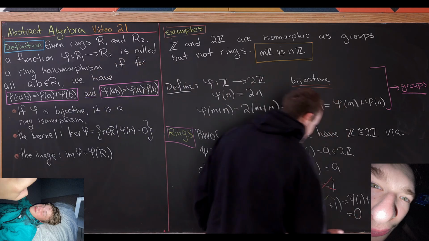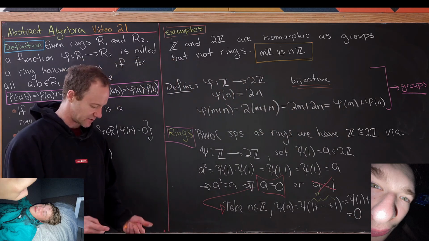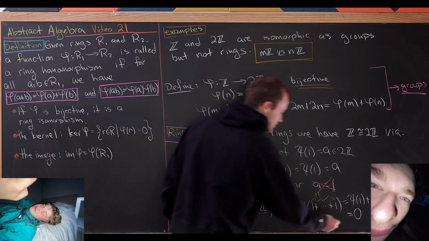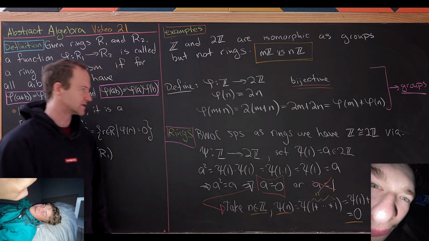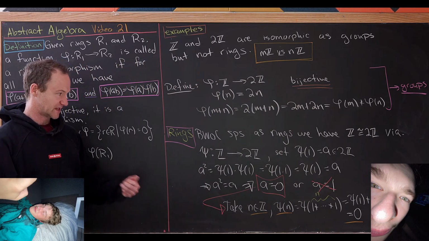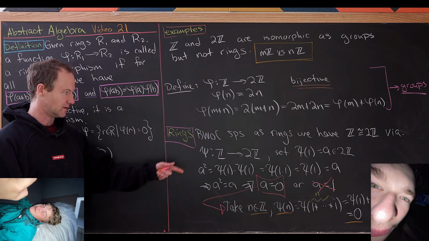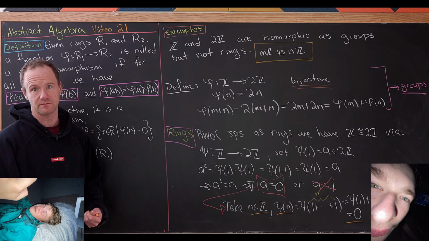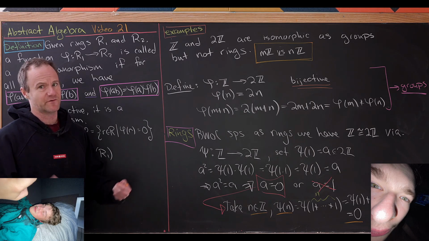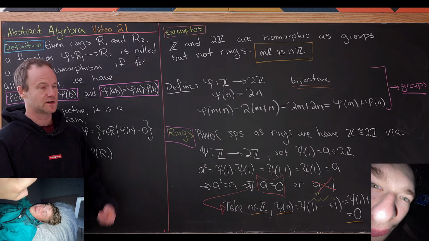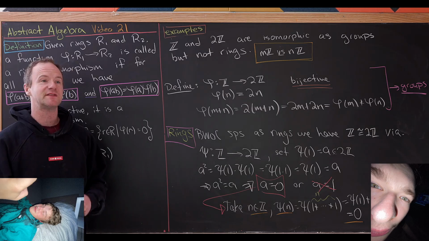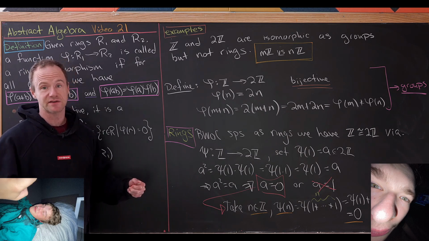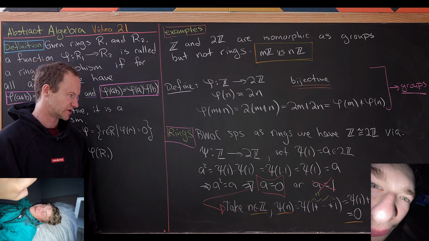So 0 added to itself n times is 0. Since this n was arbitrary, we've just shown that psi is always equal to 0. But if psi is always equal to 0, then this is in fact not an isomorphism, because first of all, it's not one-to-one, and it also can't be onto. So these two are not isomorphic as rings. We tried to get an isomorphism and ran into a contradiction.